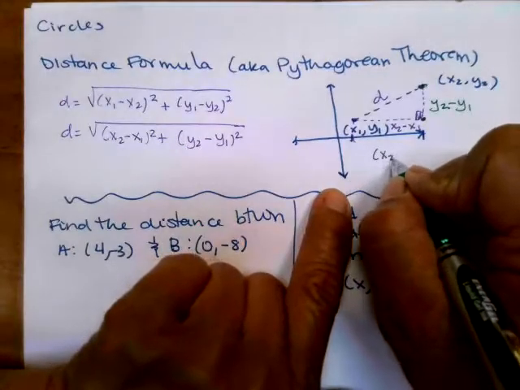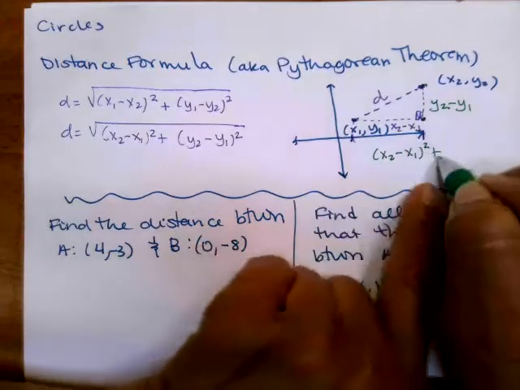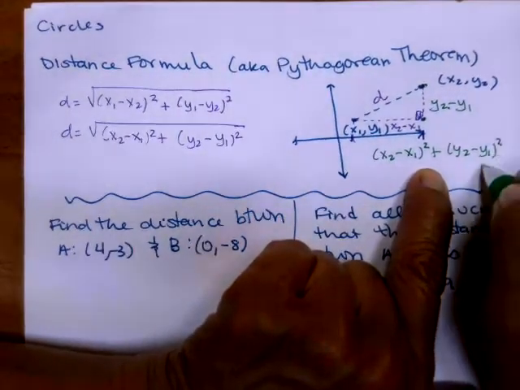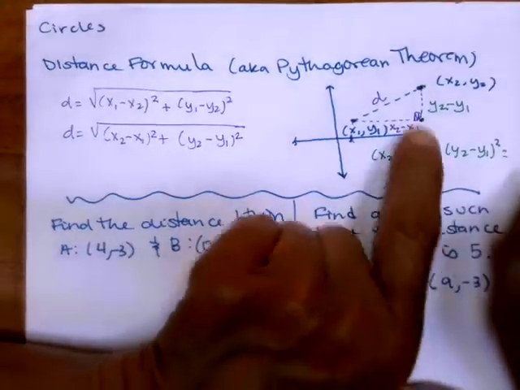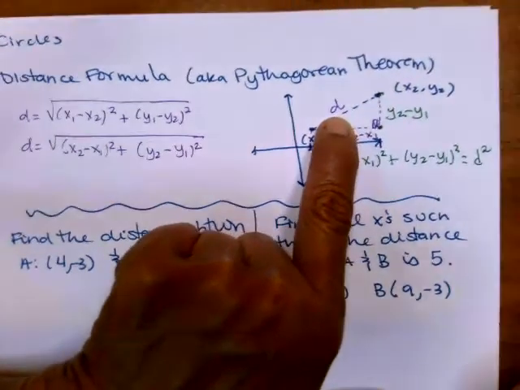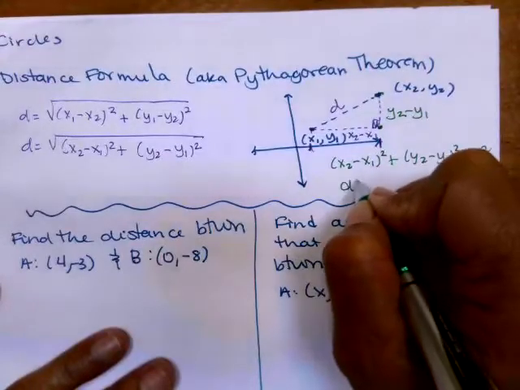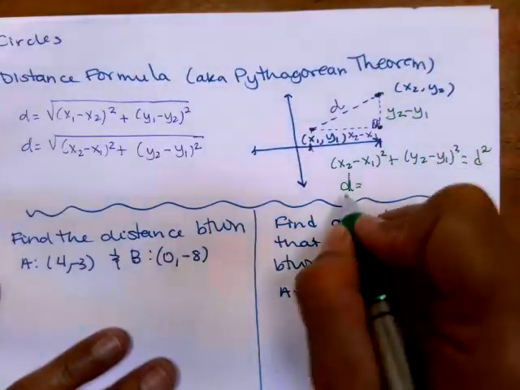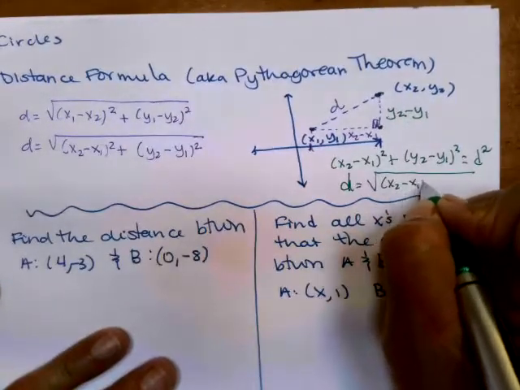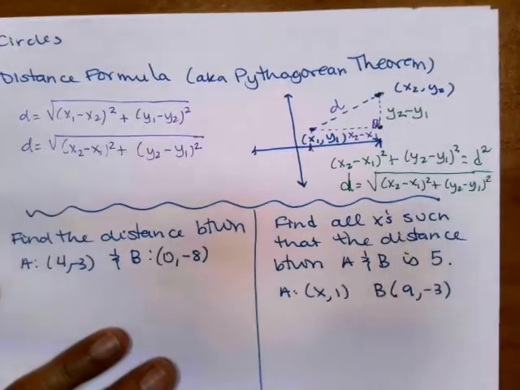So x sub 2 minus x sub 1 squared, a squared, plus y sub 2 minus y sub 1 squared, b squared, equals c squared. So in this case, d squared. And then if we just square root everything, we get what I have on the left: d equals the square root of x sub 2 minus x sub 1 squared plus y sub 2 minus y sub 1 squared.